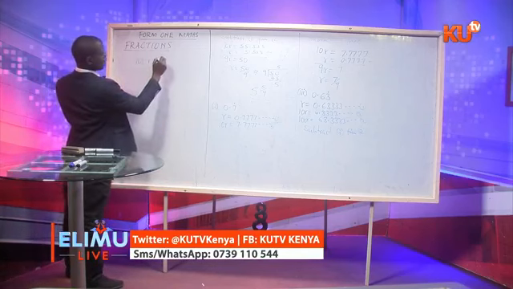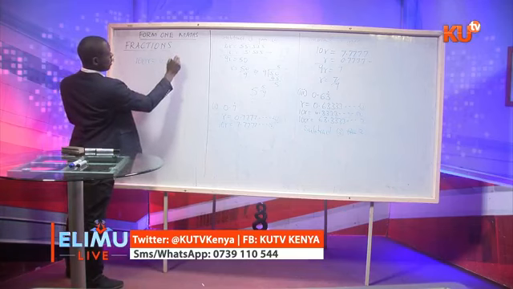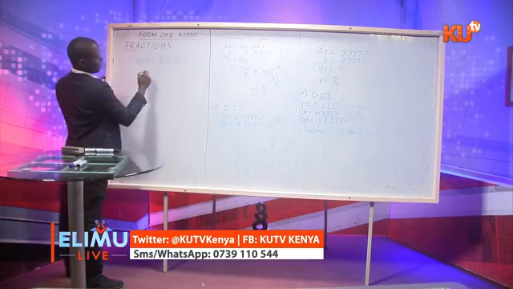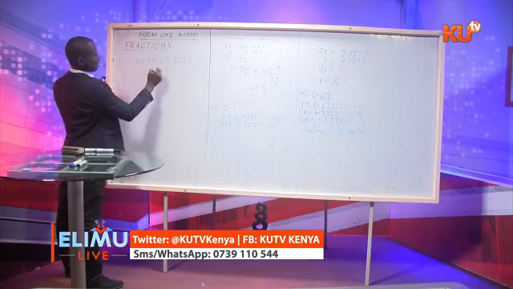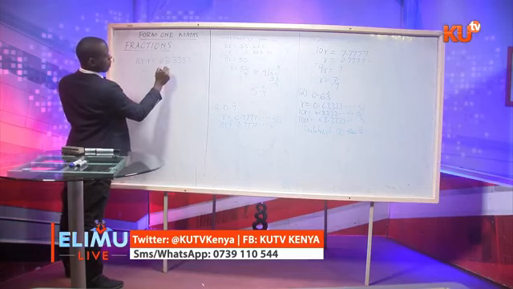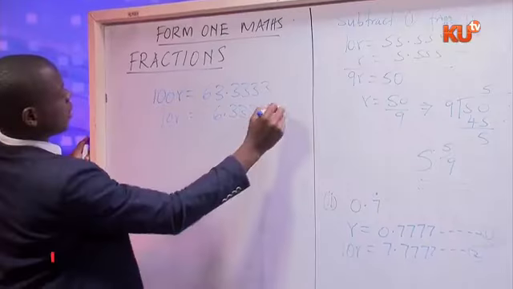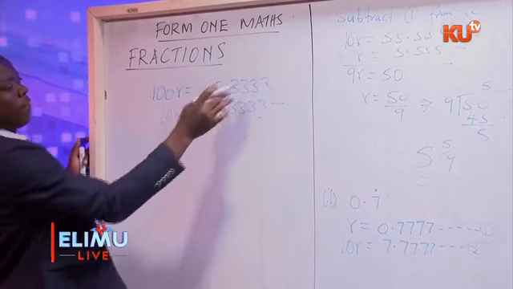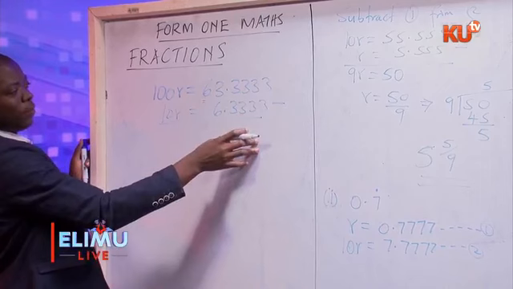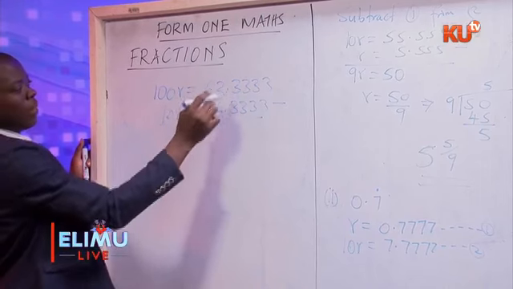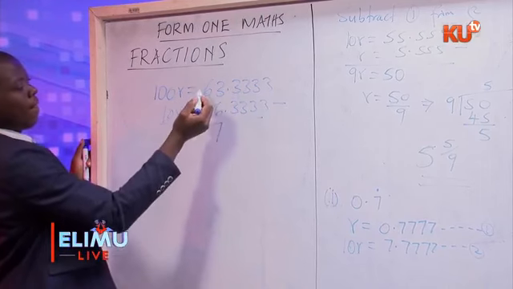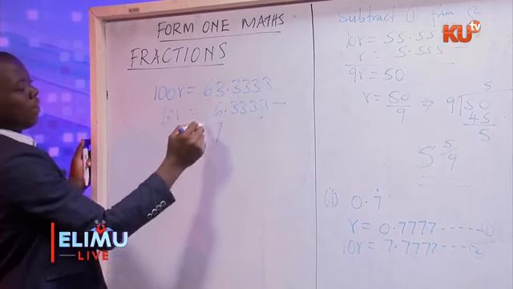So what we shall have is 100R is 63.3333, and 10R is 6.3333. You subtract this, you'll have, this is 0. Now 13 minus 6 is 7. We are left with 5.